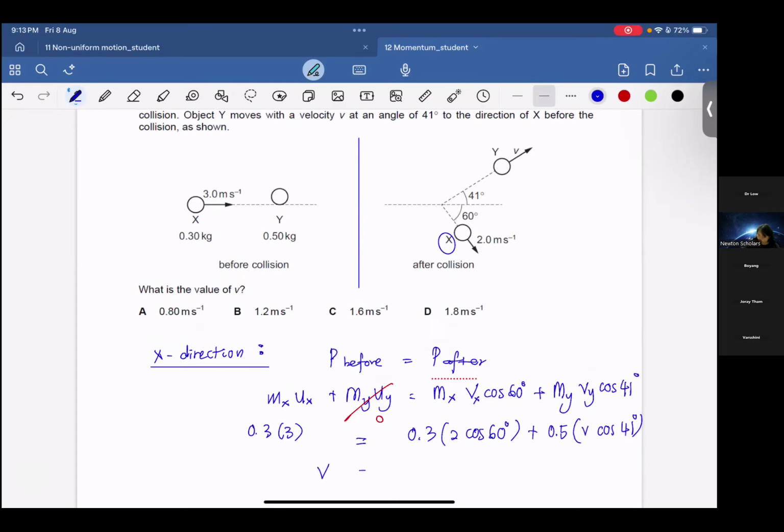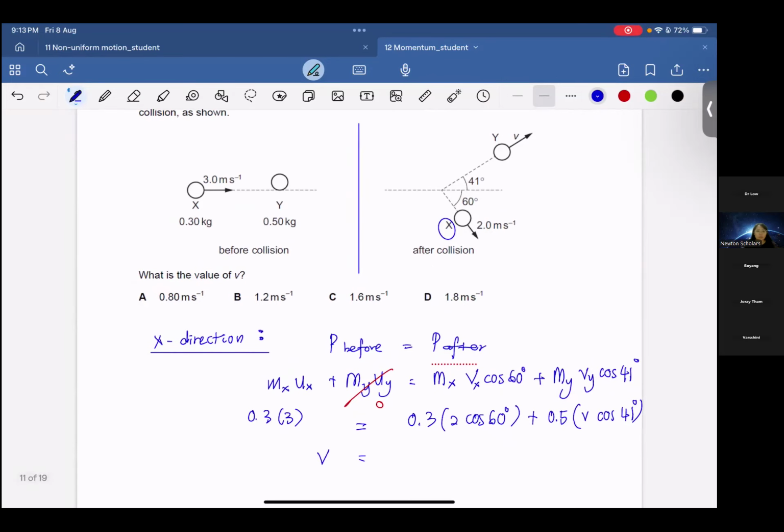Okay, boys and girls, you calculate and then tell me your answer. You might be asking, teacher, why do we calculate the x-axis? Is it possible we can calculate and get the answer using the y direction? My answer is yes. If you use the y direction, you will also get the answer for v. No problems.